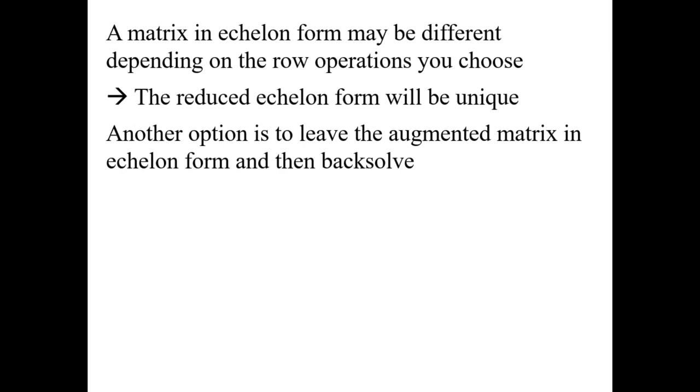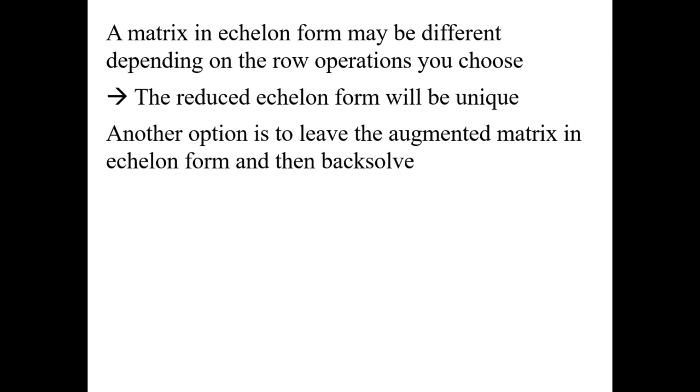Before we go any further, we're going to do some more examples, but I want to tell you this process of doing row operations and putting a matrix into echelon form or reduced echelon form is something we are going to be doing a lot. I can't think of a single lesson in this whole course where we don't use row operations, where we don't put a matrix into echelon form.